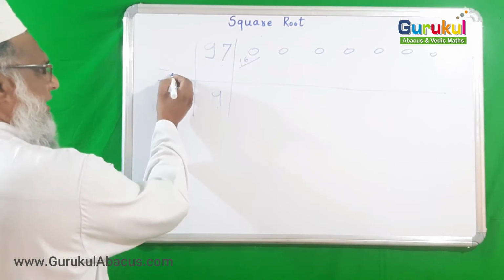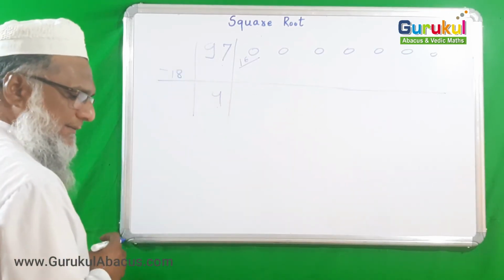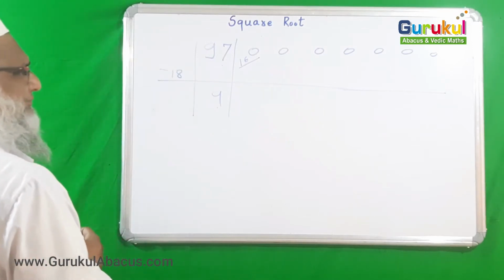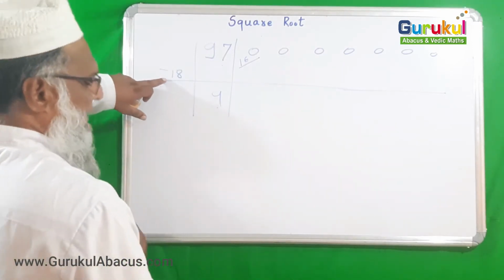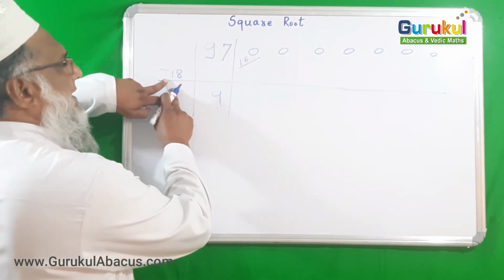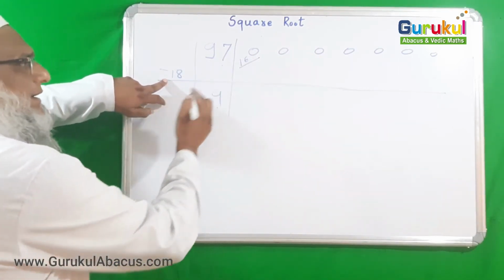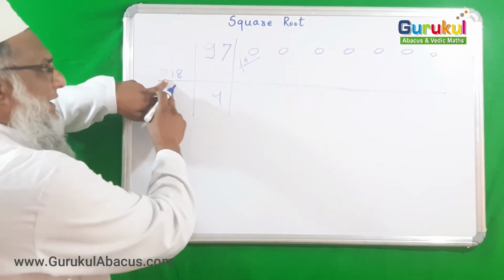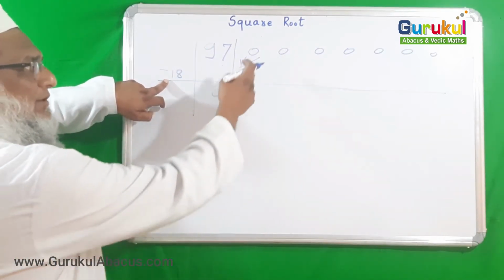So here I should write 9 2s are 18. Now 18 8s are 144 is suitable here. 18 9s are 162, which is bigger.